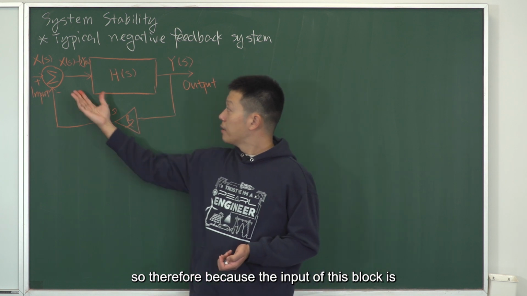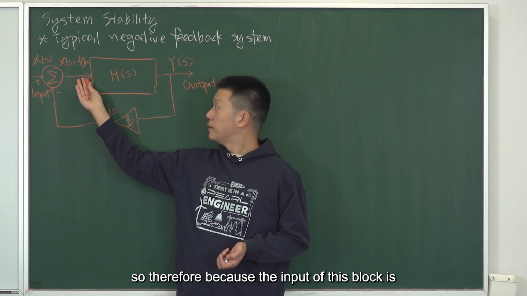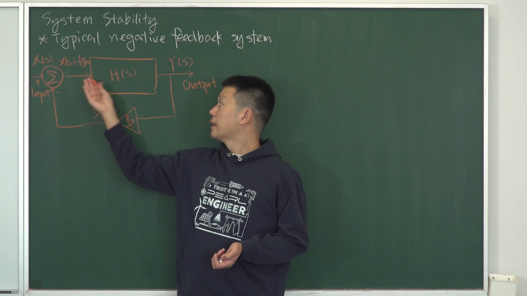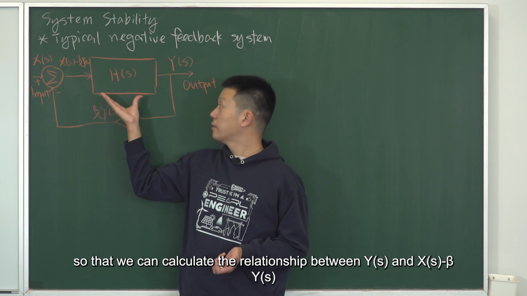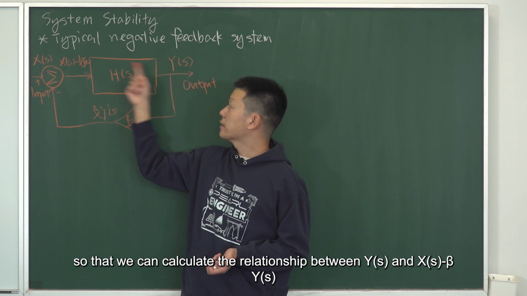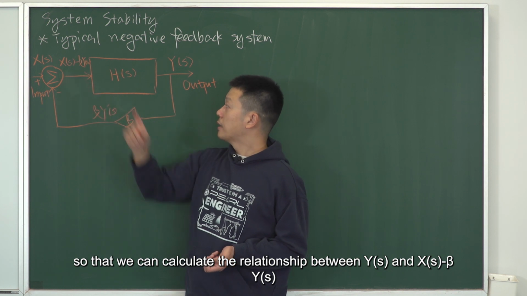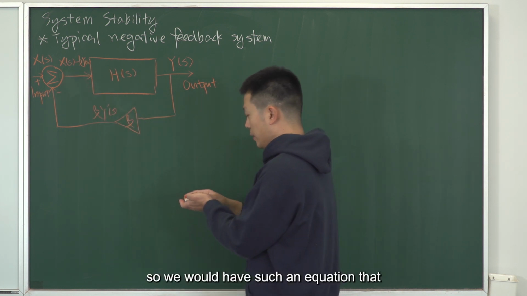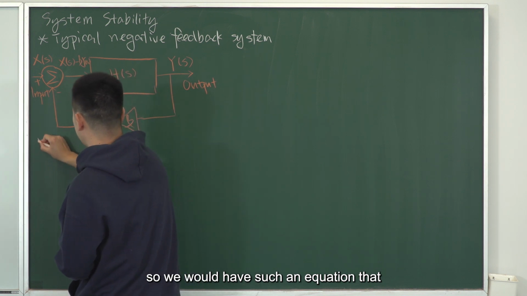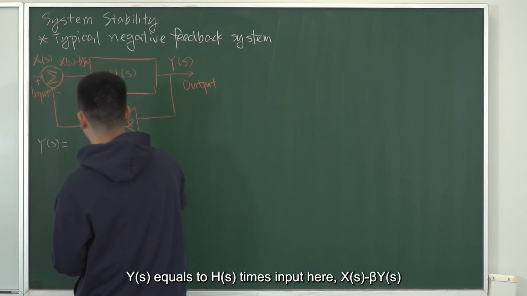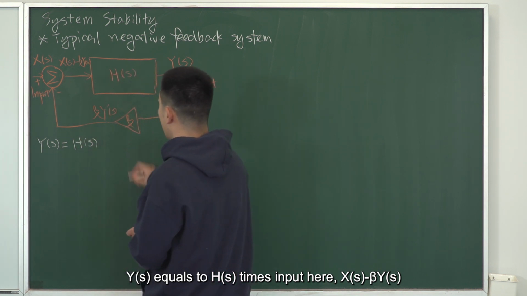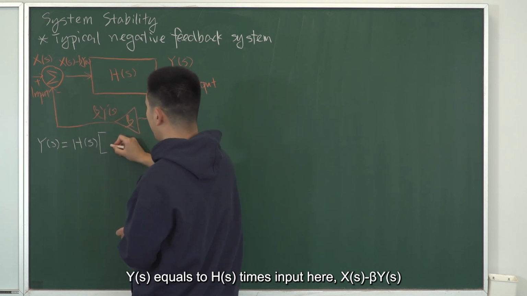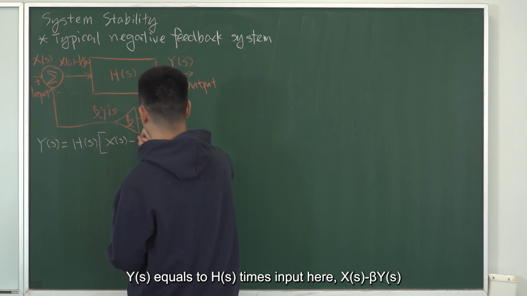Because the input of this block is X(s) minus beta Y(s), and the gain for this stage is H(s), we can calculate the relationship: Y(s) equals H(s) times the input, X(s) minus beta Y(s).